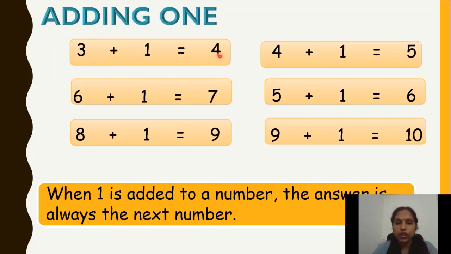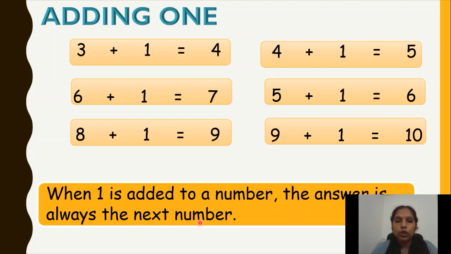The next number of 3, which is 4. So when 1 is added to a number, the answer is always the next number. When you add 1 to a number, the answer is always the next number.